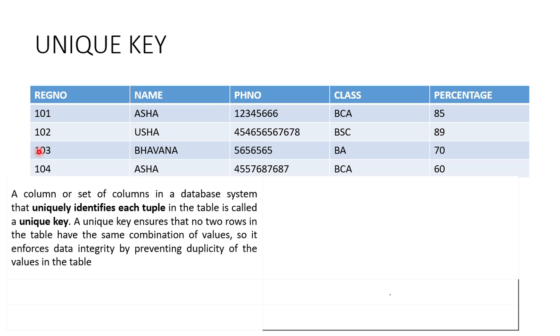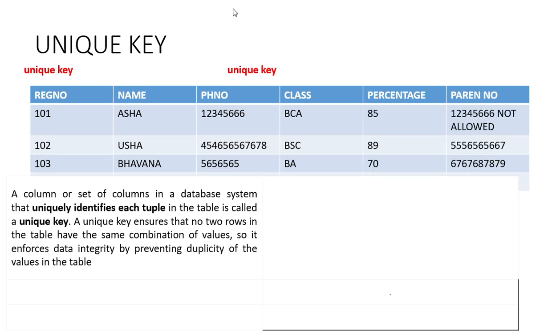So if I mention the unique key as phone number, and somewhere again I have taken the same number in the table, then it ensures that there should be uniqueness. Here I have taken the register number also as a unique key, and phone number also as a unique key, because it uniquely identifies and checks that no two rows have the same values.